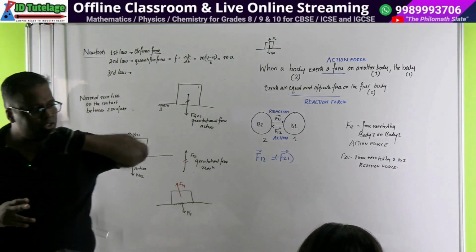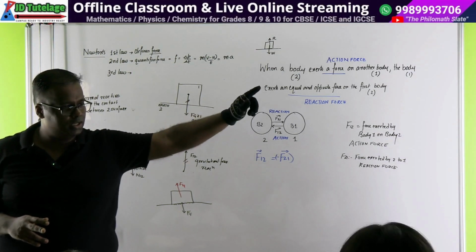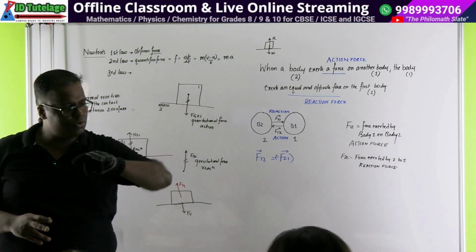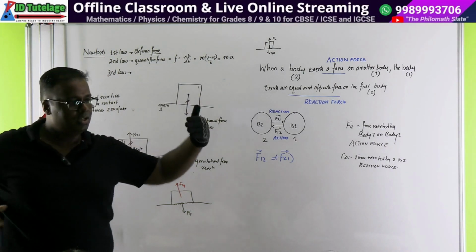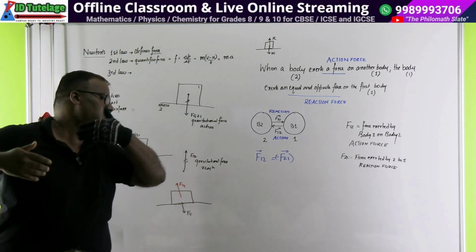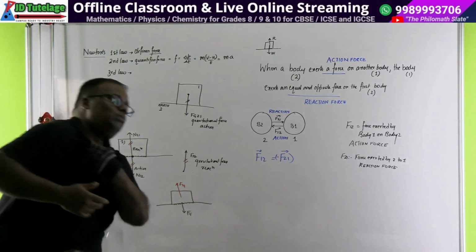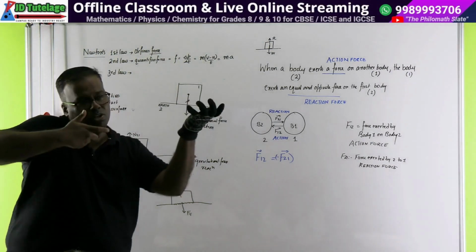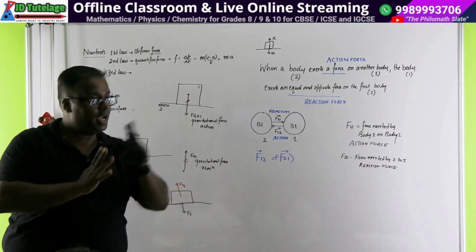The bullet went out. The rifle has given a forward force to the bullet. The bullet exerts a reverse force on the rifle. That is one action reaction pair. Understood? Again, the rifle comes and hits back on your shoulder, a contact force. So your shoulder will also give a force back on the rifle. That's why you hold it tight. Otherwise it would not work.